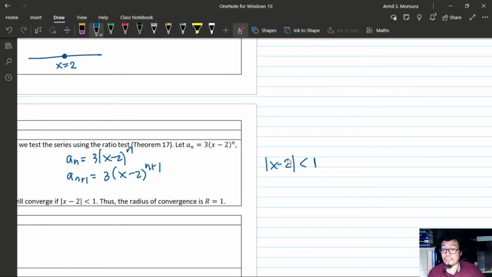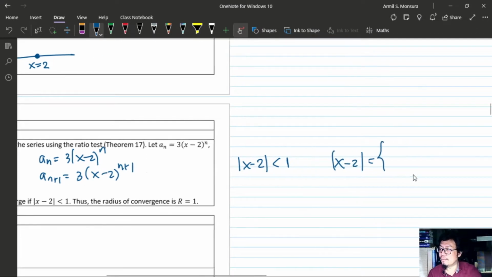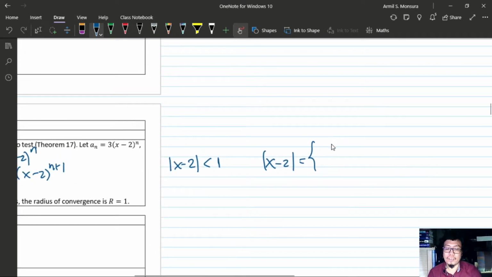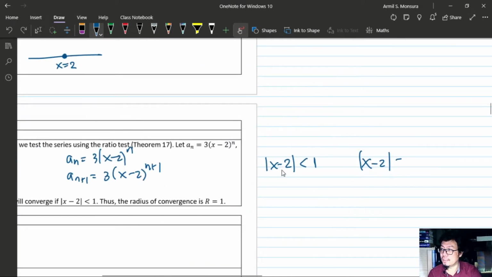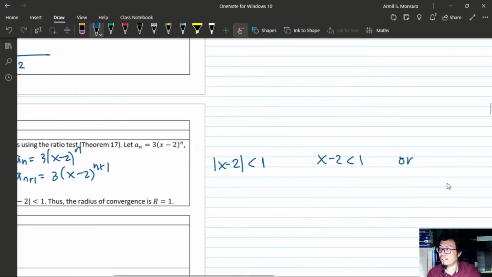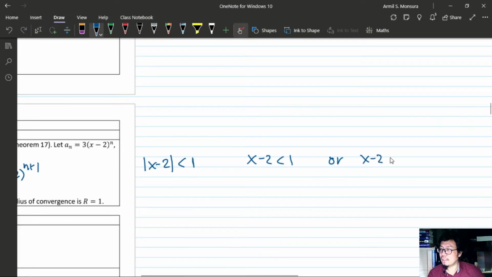Let's evaluate this inequality now. The absolute value of x minus 2 being less than 1 essentially means that x minus 2 is less than 1, and x minus 2 is greater than negative 1, since this is inside an absolute value.